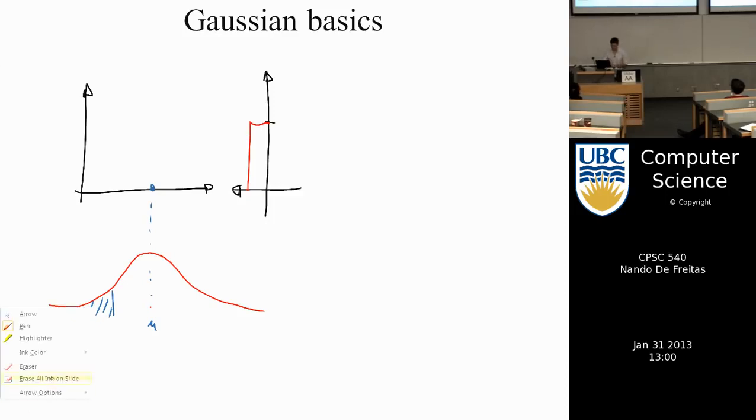If I plot the cumulative over here, it would look like this. The inflection point is the mean, because the area to the left should be about the same as the area to the right, because the Gaussian is symmetric. I know this curve will go to 0.